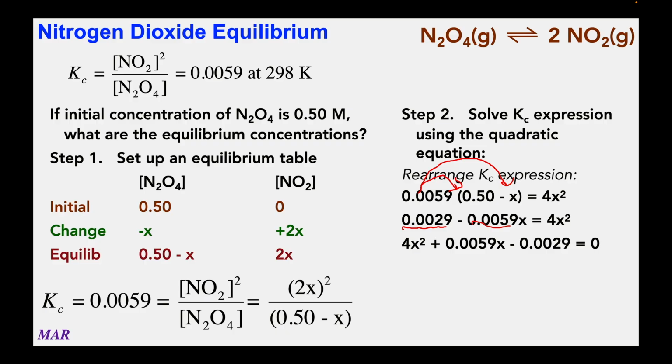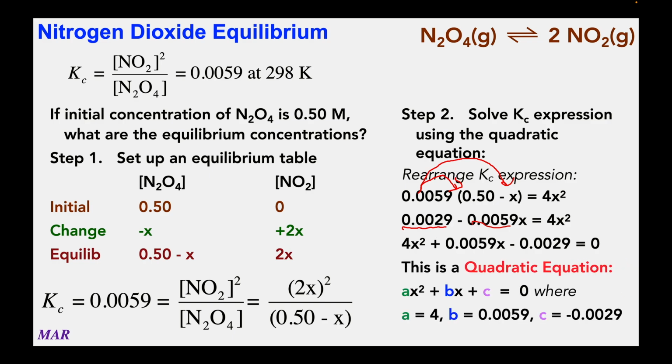It's minus x, so that's where the negative comes from. And all of that, of course, equals 4x squared. So when you rearrange this, and usually the x squared value is a positive number, by the way. But anyway, the number in front of the x squared is certainly positive when you write it like this. So 4x squared plus 0.0059x minus 0.0029 equals 0.